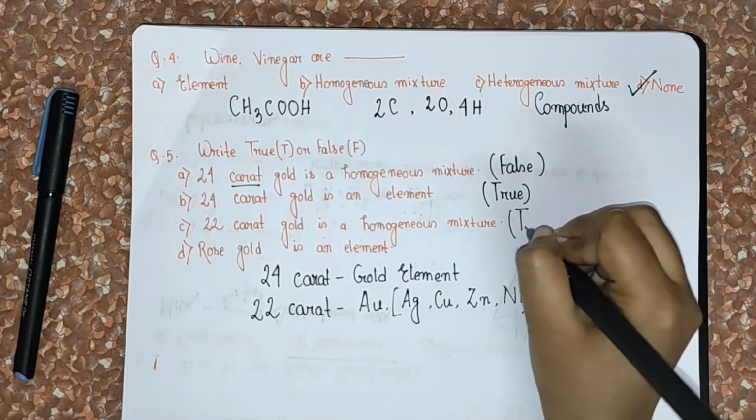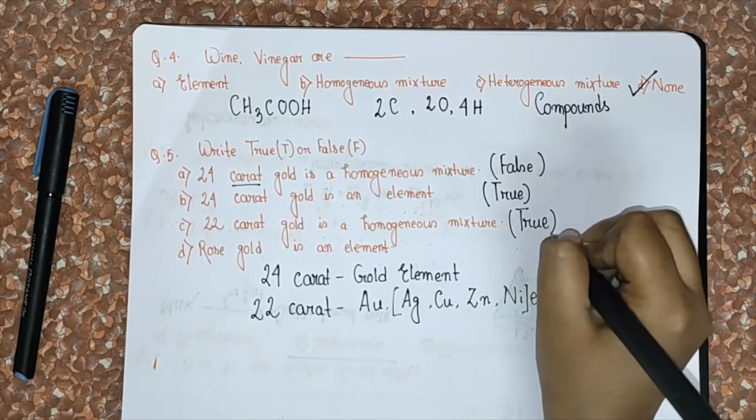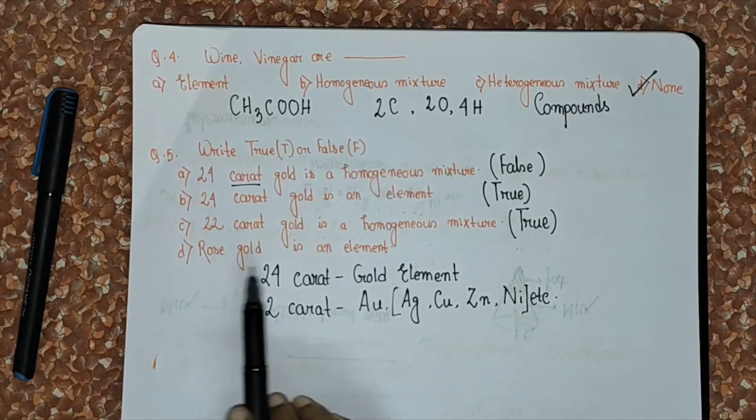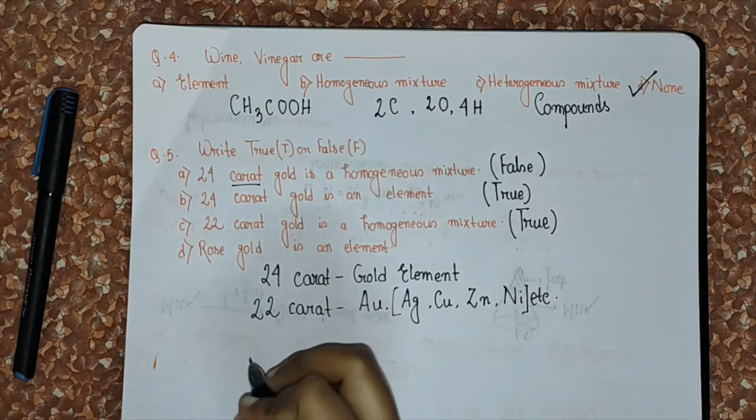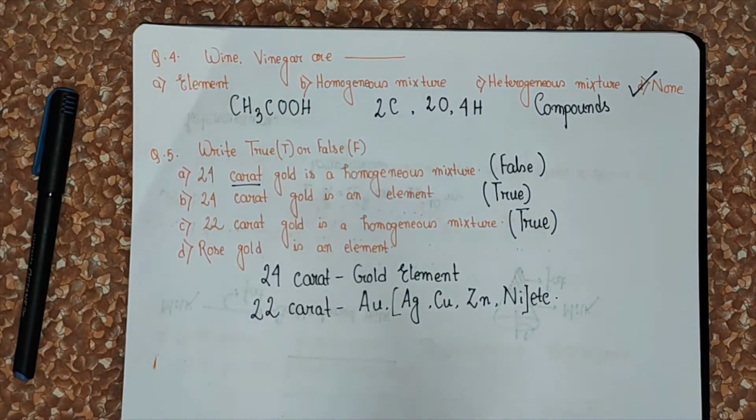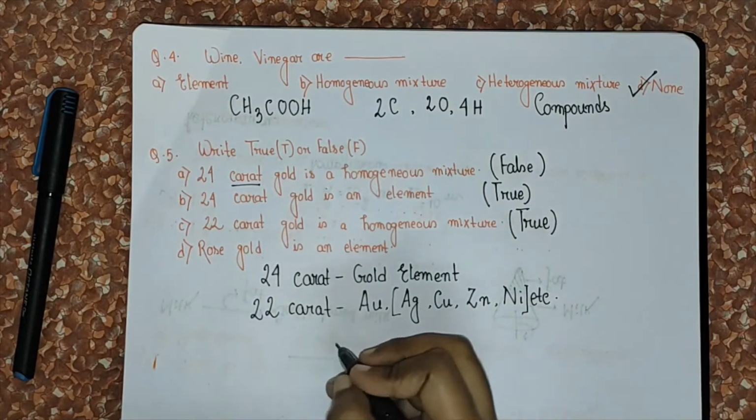Okay, so true. And what about the last option? Rose gold is an element. Now what is rose gold? The color of that type of gold ornament is actually rose color, some pinkish color. And why is this so?